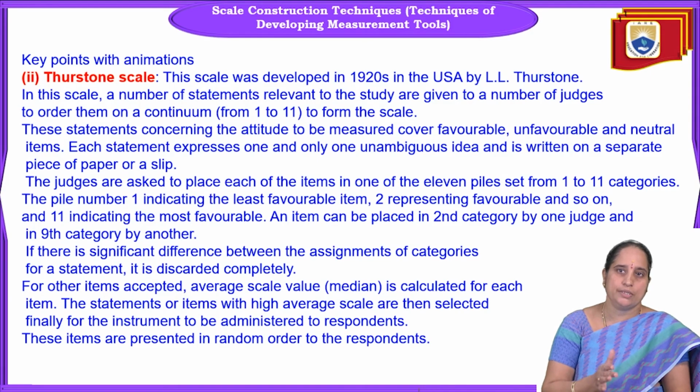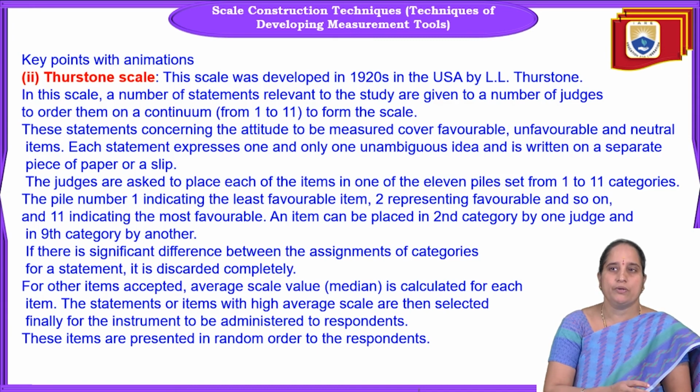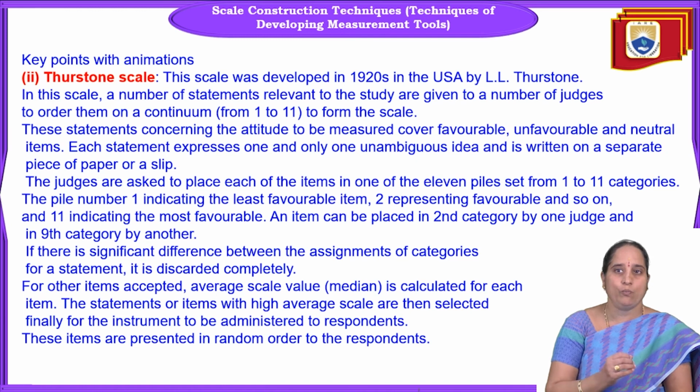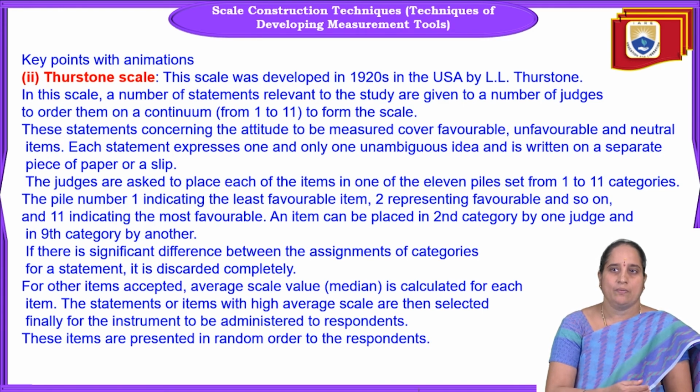Those judges decide the scale by taking various factors into consideration, and these statements concerning the attitude to be measured cover favorable, unfavorable and neutral items. Each statement expresses one and only one unambiguous idea, which is written on a separate slip. The judges are asked to place each of these items in one of the 11 piles set from 1 to 11 categories.